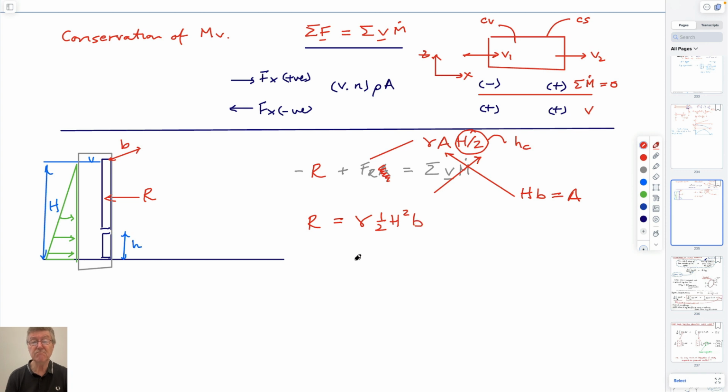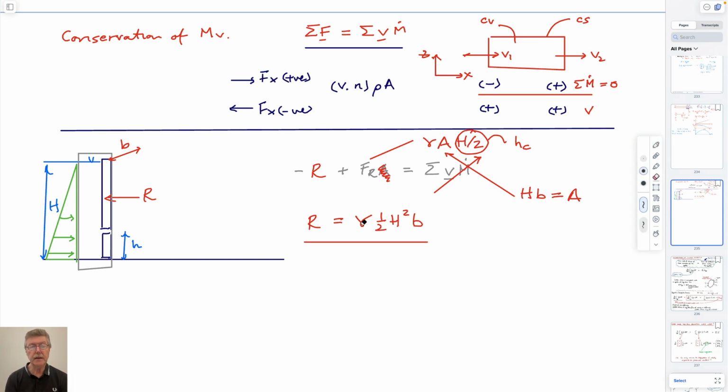Yeah. Is that homogeneous? So, yep, length squared, length cubed, kilonewtons per meter cubed, so this is in newtons, and that's what it's equivalent. So the force required to hold it closed is just the force due to the static fluid.